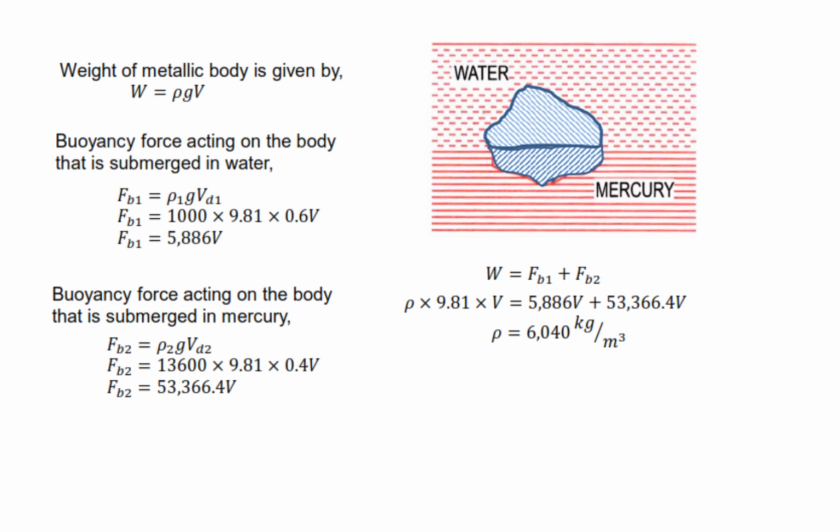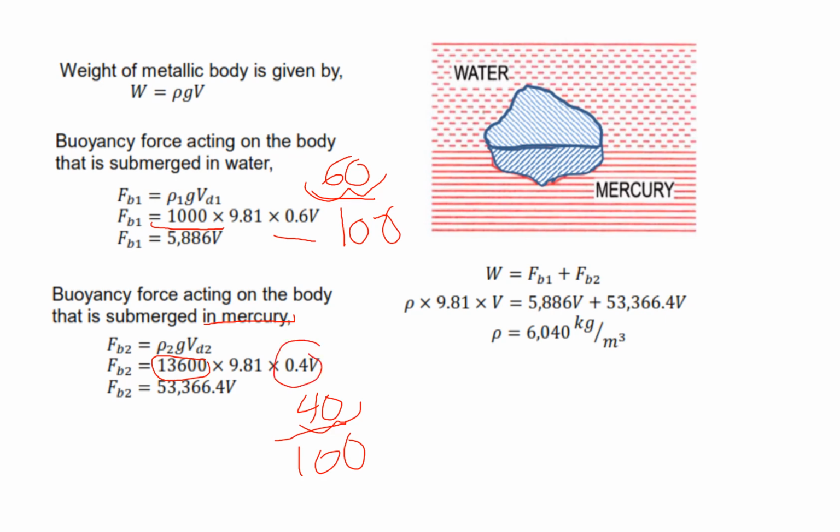For water, we use the density of water, and we don't know the V. But we know that the volume submerged in water is about 60%, 60 over 100, so it becomes 0.6 V. And then we calculate for mercury. We use the density of mercury, and it is 40% of the volume, so 40 divided by 100 is 0.4 V. And then how do we calculate the weight?